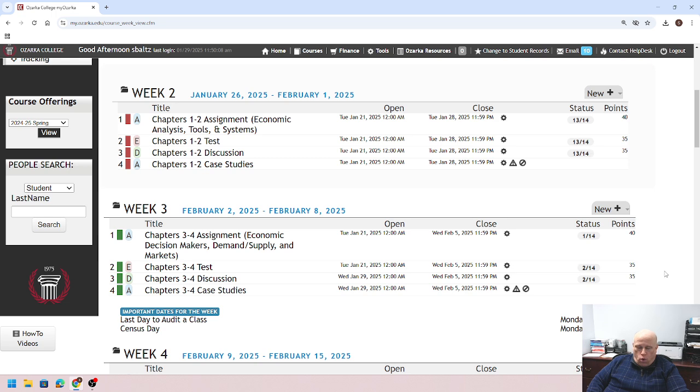Now, chapter 4. This is a very important chapter in the textbook because it's going to lay the framework for everything else we're going to do this semester. Not that those other chapters won't as well, but this chapter 4 covers 2 very, very important laws in economics called the law of demand and the law of supply.